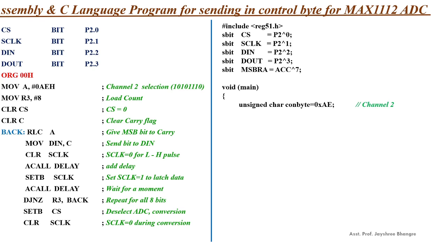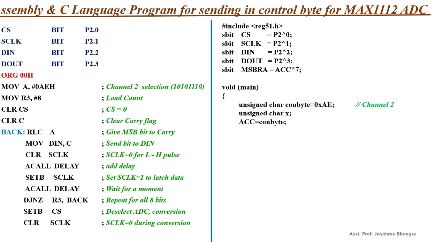We are using an unsigned char, control byte, equal to the value 0xAE. So by sending this value we are selecting channel 2 in single-ended mode with fully operational mode. Here again we are using the unsigned char x for counting.